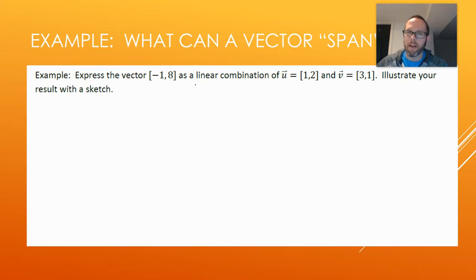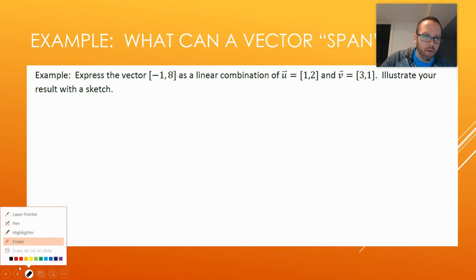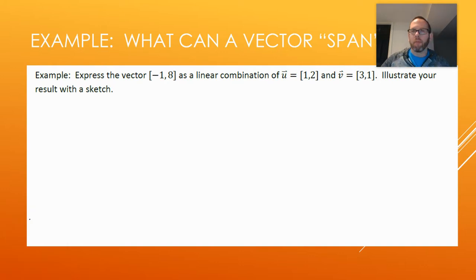Now, obviously, it would be easiest to express (-1, 8) as -1 times i hat plus 8 times j hat. That's an easy way to write that in terms of two building block vectors. But our goal here is to show that you can do that with any two vectors that aren't collinear or parallel. So what we're doing here is essentially this.